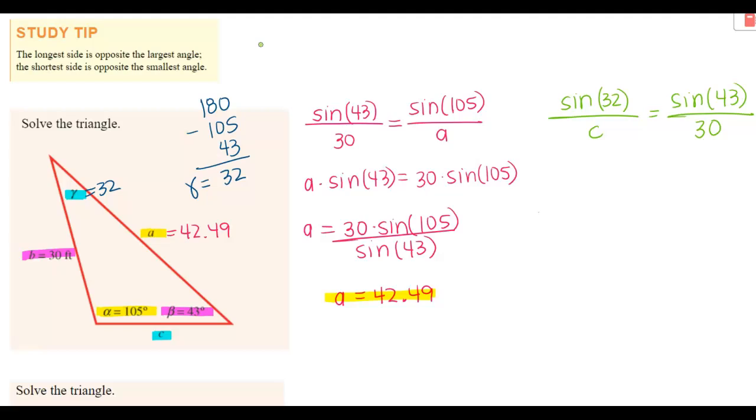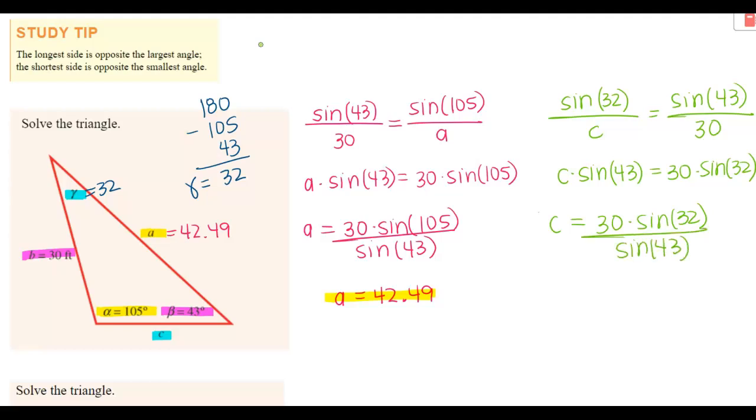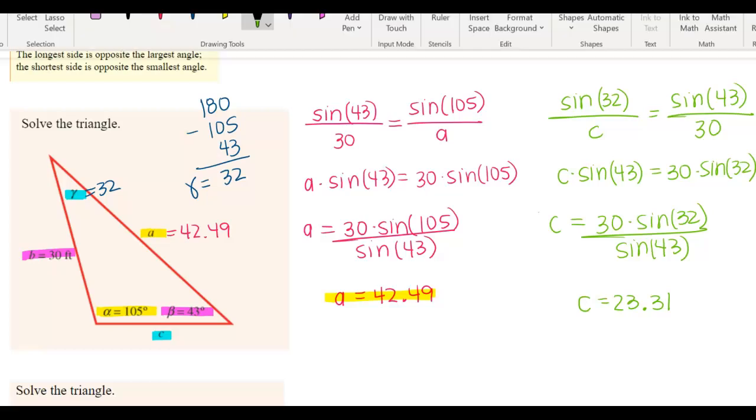We want to cross multiply. So c times the sine of 43 equals 30 times the sine of 32. And then divide by the sine of 43: 30 times the sine of 32 all over the sine of 43. Go ahead and put that all in your calculator and you should come out to 23.31.